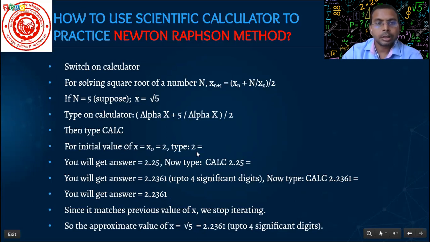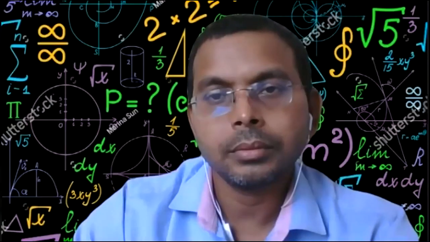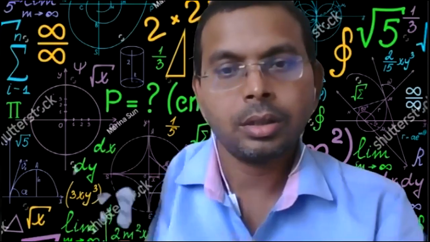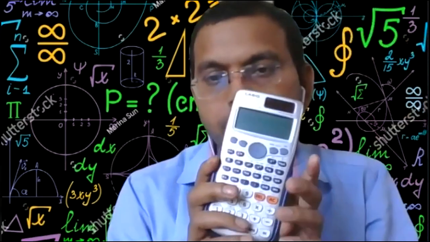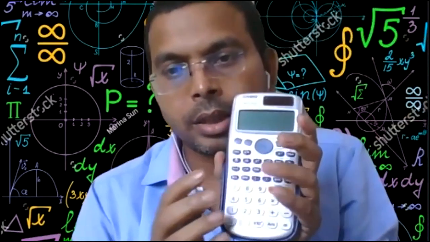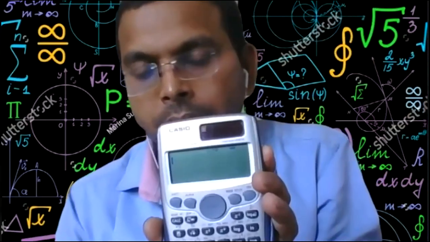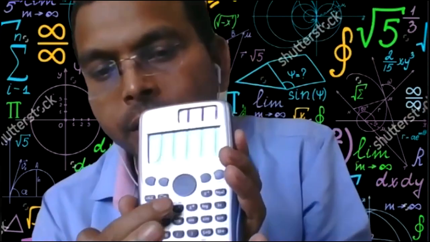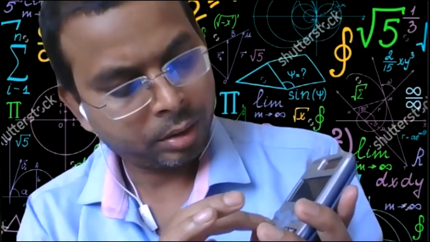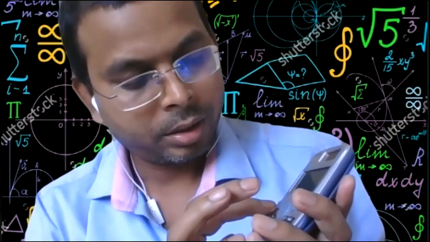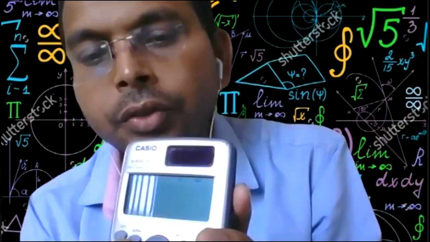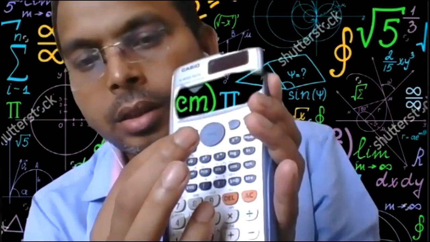Now I will explain on my calculator, if it is visible, how to do it on the calculator. It may not be visible here. This is the calculator. Here you can switch on this calculator as the first step, then you press the alpha button. Here is the shift and then alpha; next to shift is the alpha button.